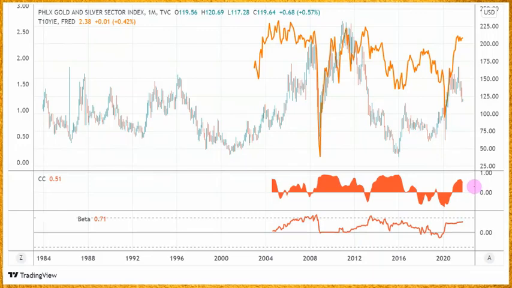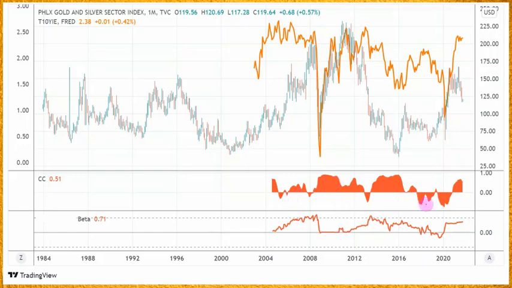Finally, we look at inflation. The best I could do on TradingView is to use the US 10-year break-even inflation rate as a proxy. Unfortunately, this only goes back to about 2002-ish, so it's not going to be massively useful. If we look down here, the correlation is positive a lot of the time, but it's been quite negative down here.